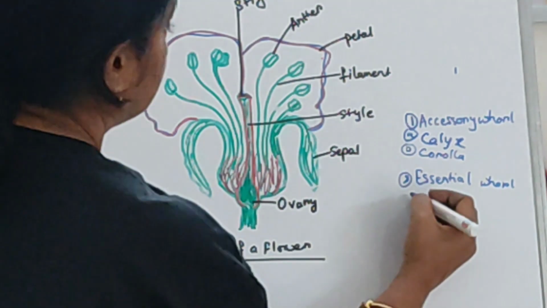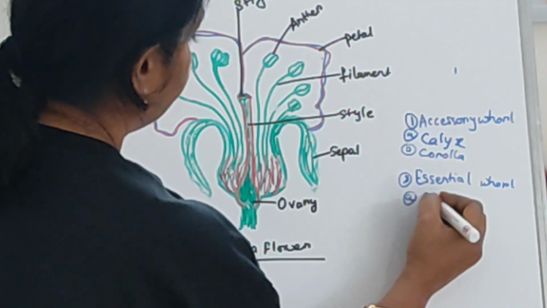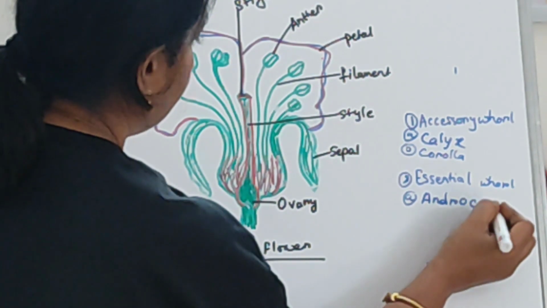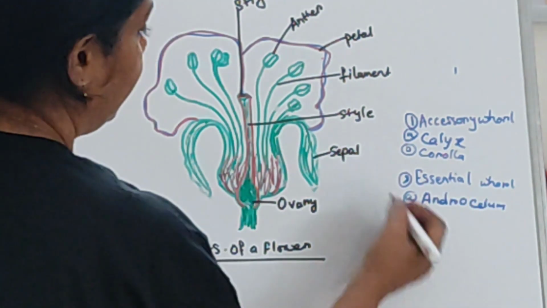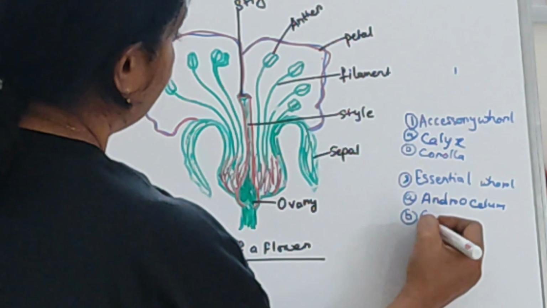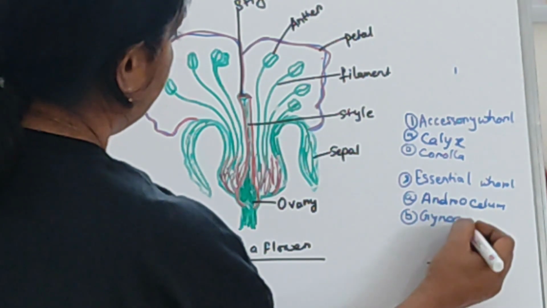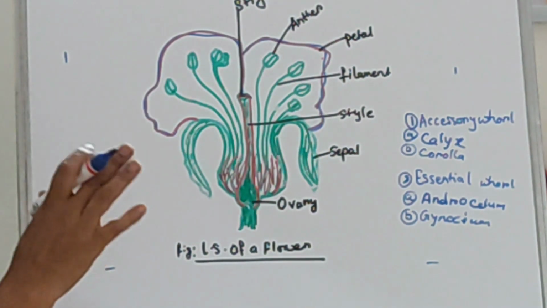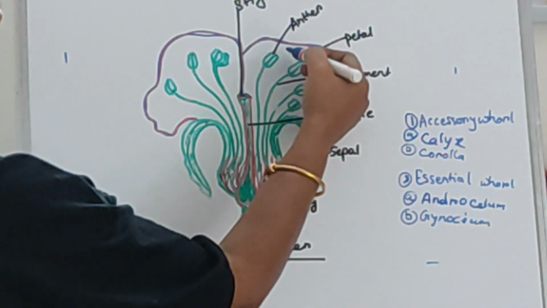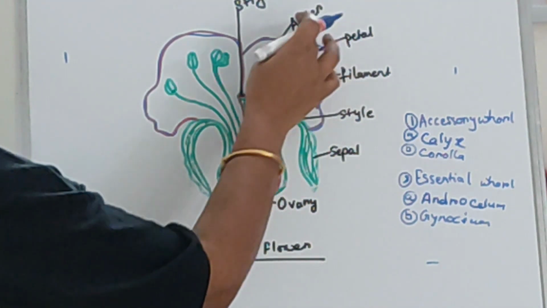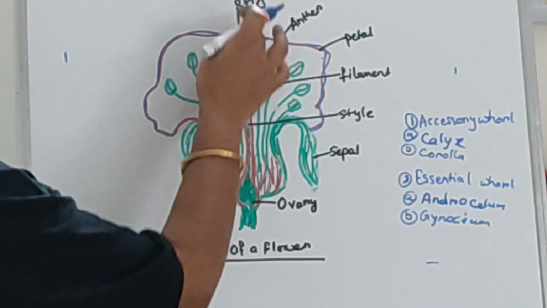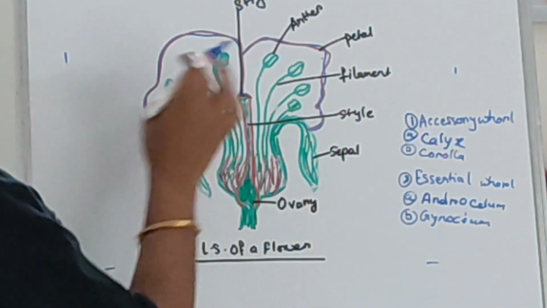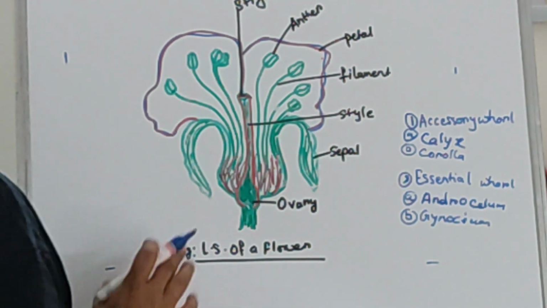These are the androecium, the male part of a flower, and the gynoecium, the female part of a flower. So see here, anther, this is the male part of a flower, and this is the gynoecium, the female part of a flower.